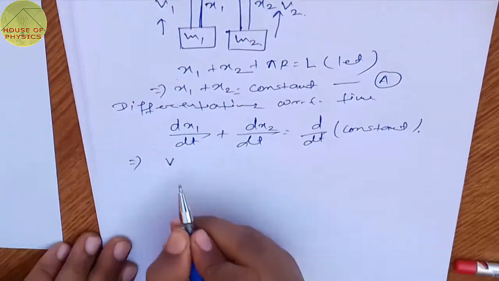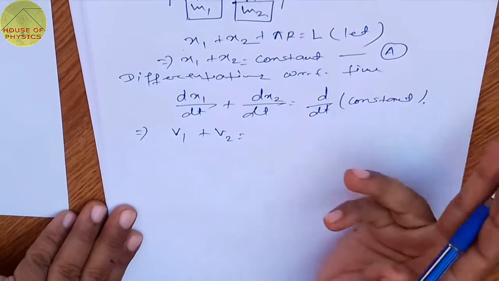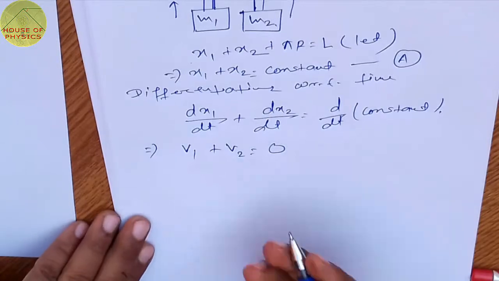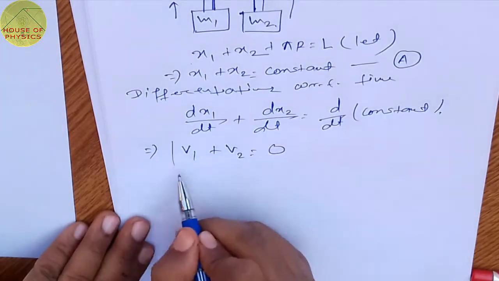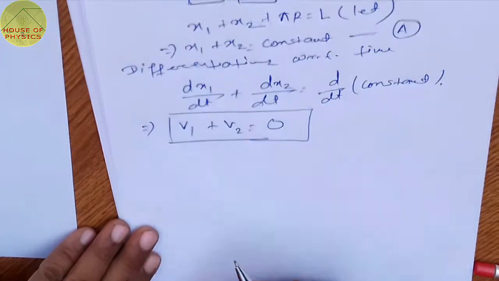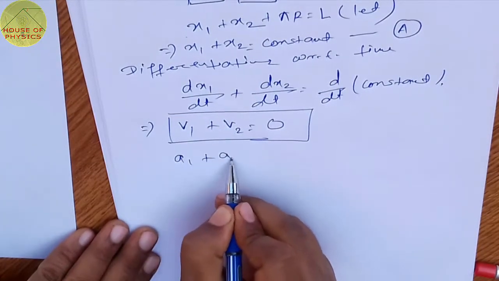So this will be velocity of 1 plus velocity of 2 equal to the differentiation of a constant, which is 0. This is one of the relations I should put in a box. If I differentiate again, the relation will be a1 plus a2 equal to 0.